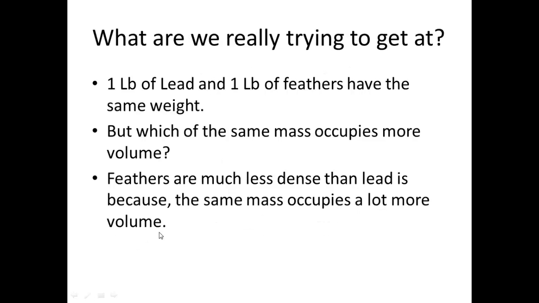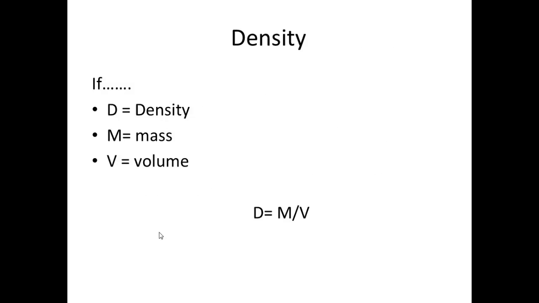So how we say that is, listen up, feathers are less dense. Because the same mass occupies more volume, feathers have to have a lower density. Make sense, guys? All right, so let's move on.